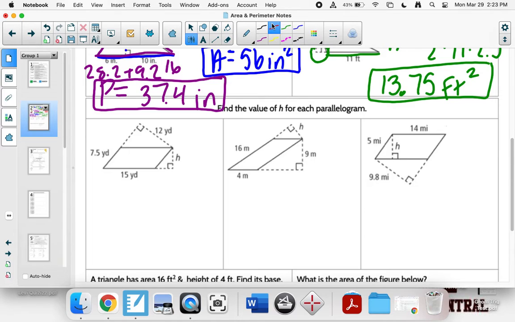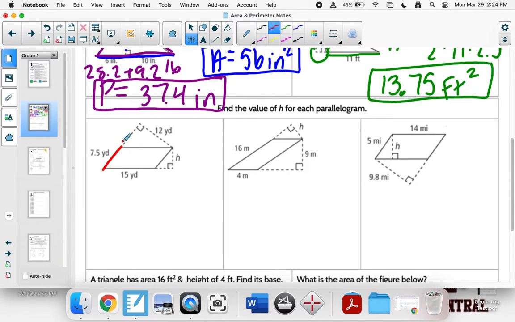So pick one of the heights. Which height do you want to look at first? 7.5, that's gonna be a base, but okay. If I have a base of 7.5, what's the height associated with that? What makes the right angle with the 7.5? The 12.